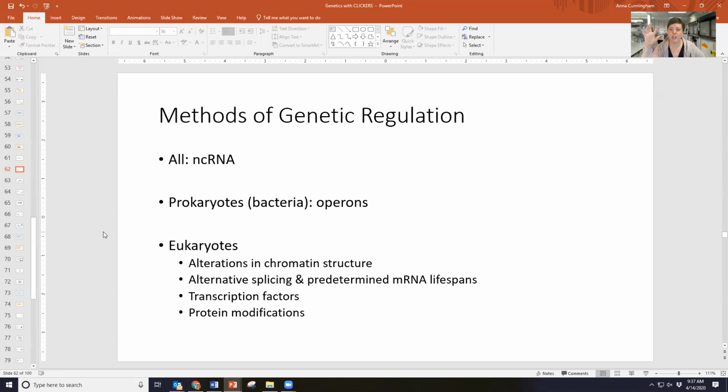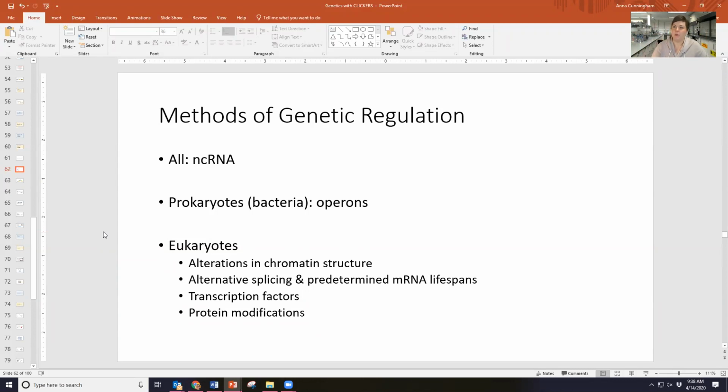We can change how mRNA is spliced and decide how long RNA stays around. Transcription factors are the primary method used by eukaryotes, huge. We can also do stuff that's post-translational, which is modifying proteins. So eukaryotes compared to prokaryotes have tons of different ways of regulating their gene expression, which is very important.